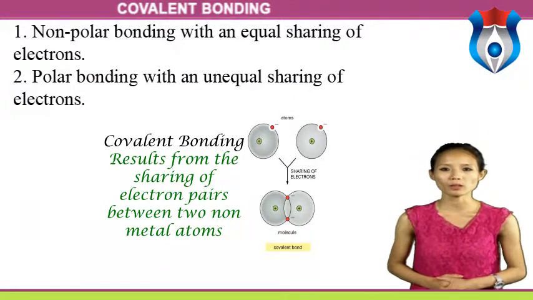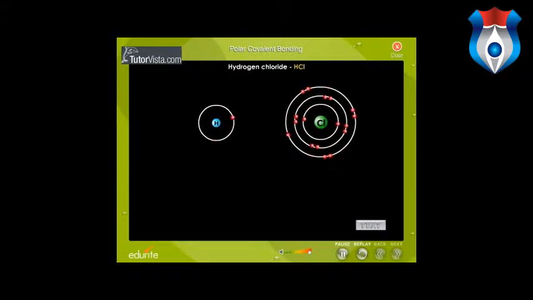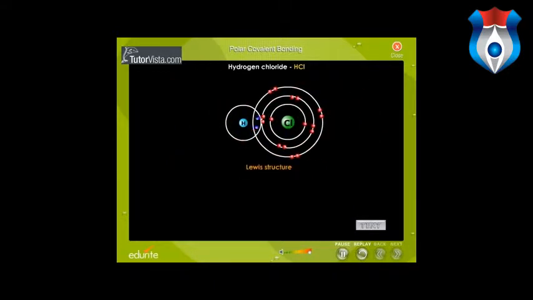sharing of electrons. The molecule hydrogen chloride is formed by sharing a pair of electrons between a hydrogen atom and a chlorine atom. Hydrogen has 1 electron in the valence shell, while chlorine has 7 electrons in the valence shell. Chlorine being more electronegative than hydrogen, the shared electrons are pulled closer towards chlorine.